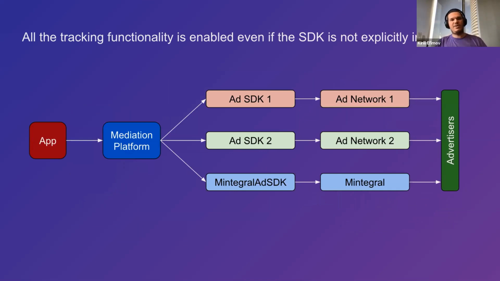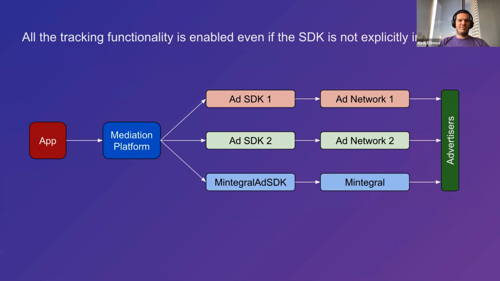One interesting fact about monetization is that usually a developer integrates more than one advertisement network into the app. To do that, developers use mediation platforms like MoPub by Twitter, AppLovin, IronSource, and so on. The platforms aggregate a bunch of different advertisement SDKs and decide which banner to show and when.